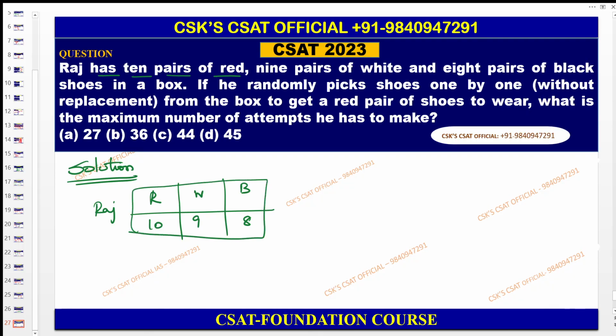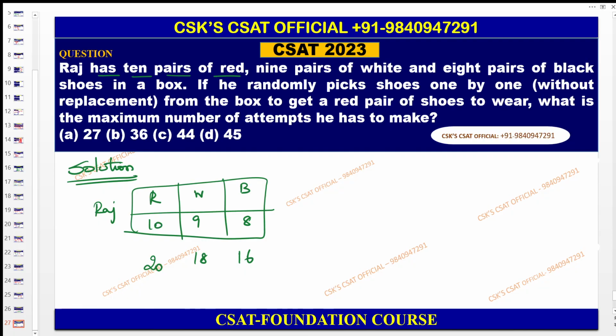Now try to understand pair. Pair means how many here? So pair means here 20, here 18 shoes, here 16. The total here is how much? 54. So out of this 54, read it carefully.